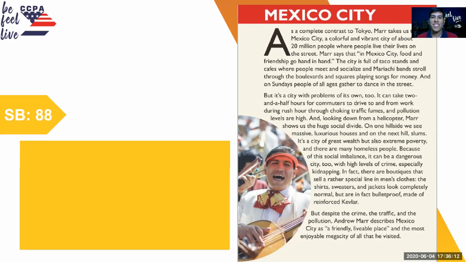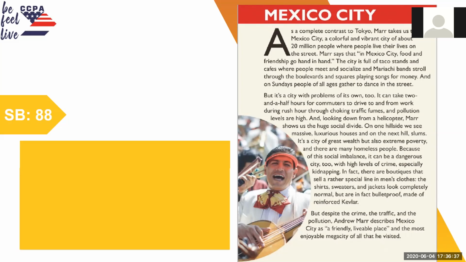But it's a city with problems of its own too. It can take 2.5 hours for commuters to drive to and from work during rush hour through choking traffic jams, and pollution levels are high. And looking down from a helicopter, Mar shows us the huge social divide.